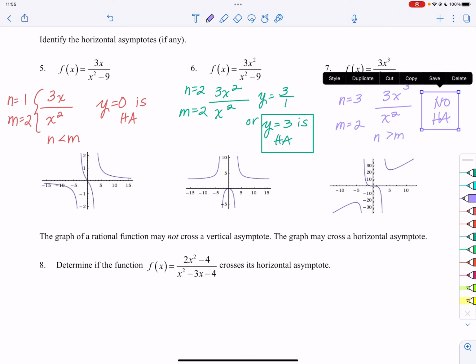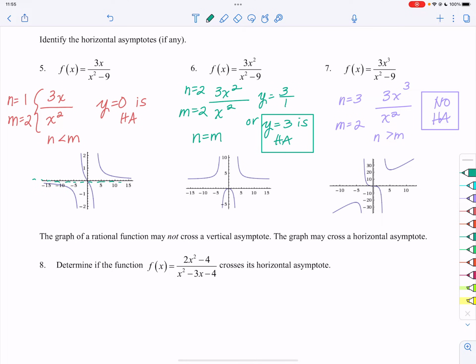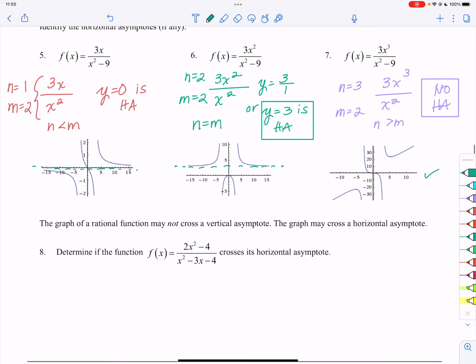And you know, I didn't write that out here. n is equal to m. Okay. So you can see each one of these graphs for number 5, 6, and 7 below. If you would like to see y equal to 0 is a horizontal asymptote, and we've got y equal to 3 is a horizontal asymptote, and we have no horizontal asymptote in number 7.